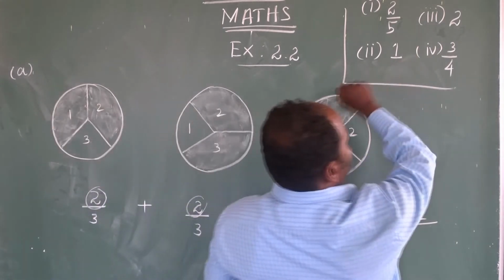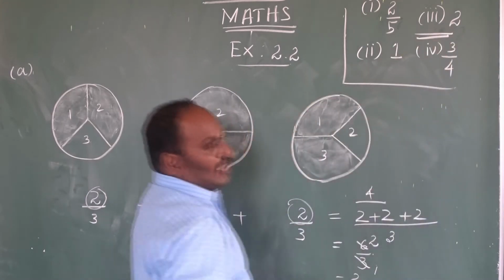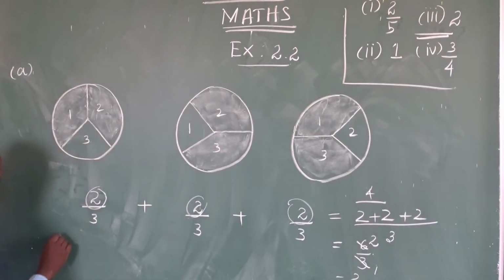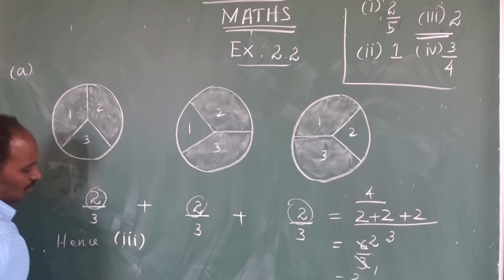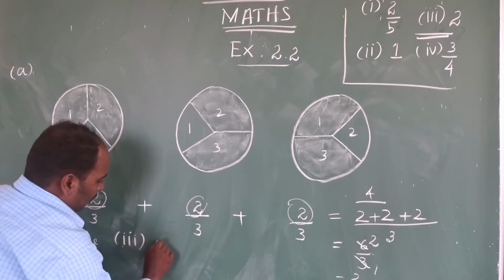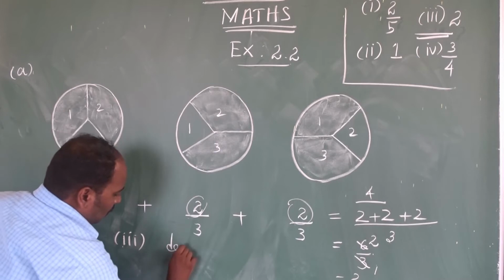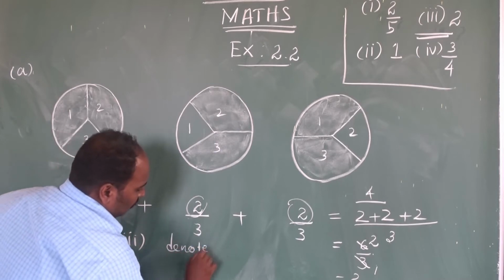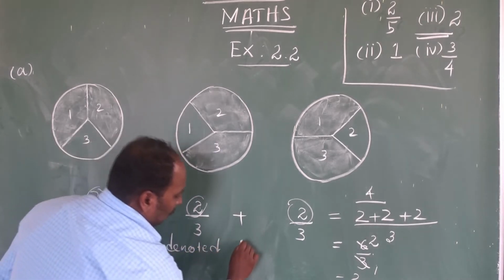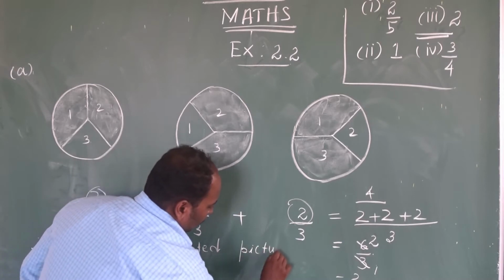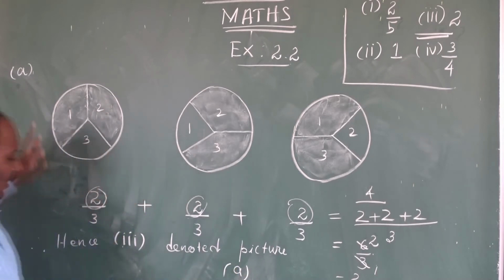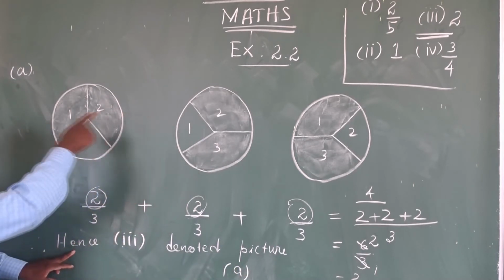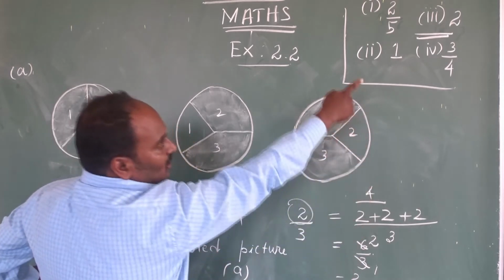Listen here. The third term is 2. Hence the third one is denoted by the picture A. The third one is equal to 2.